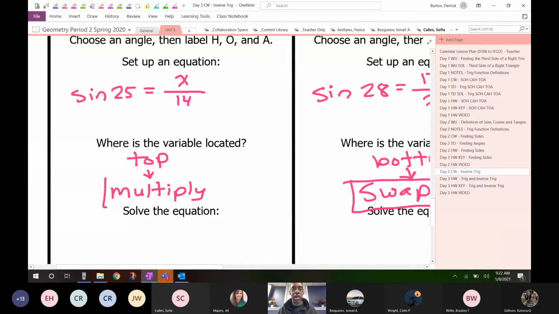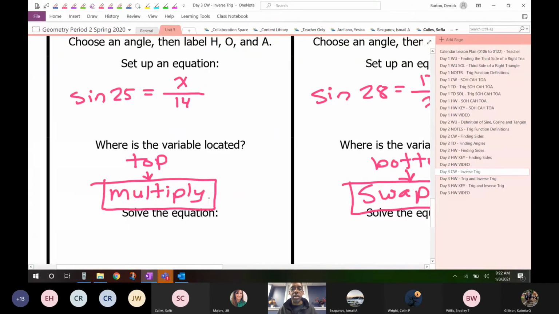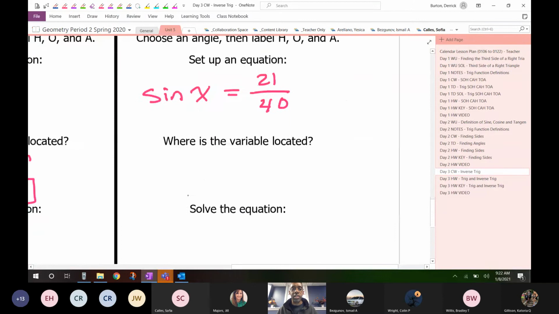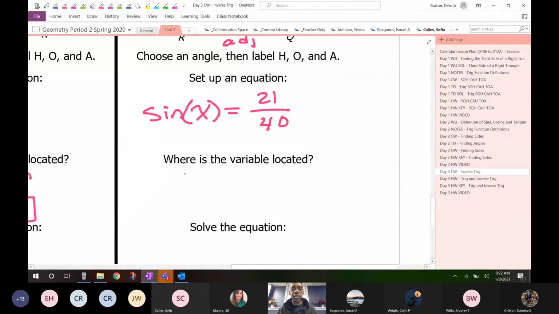Okay, the variable is on the top, you multiply. Now, compare that to the last problem. The variable is inside the trig function. So this is the new one.